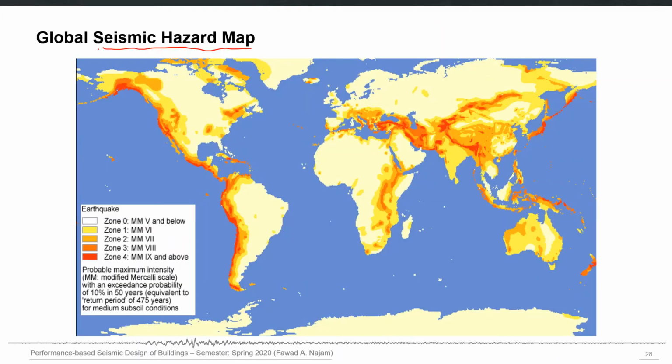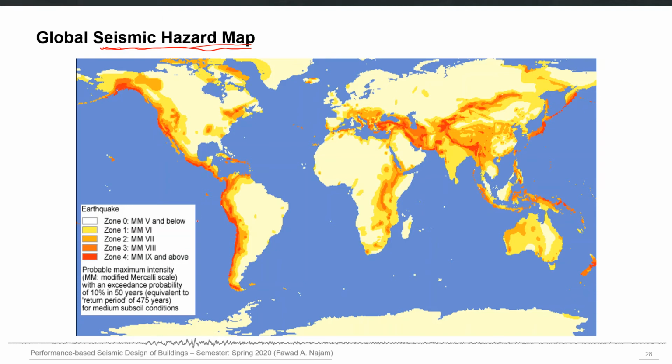Now let me introduce these seismic hazard maps. You can see here that this is the global seismic hazard map, and the hazard map is a map which shows the potential locations where future earthquakes can occur, and it also tells us the level of ground shaking which can be experienced in case of a future earthquake at different locations.